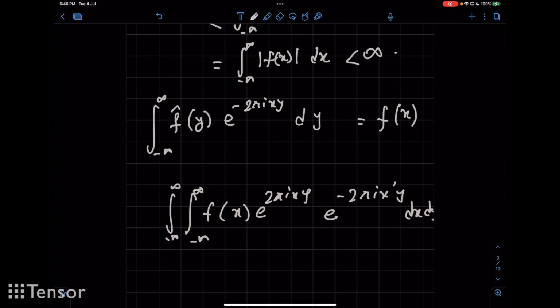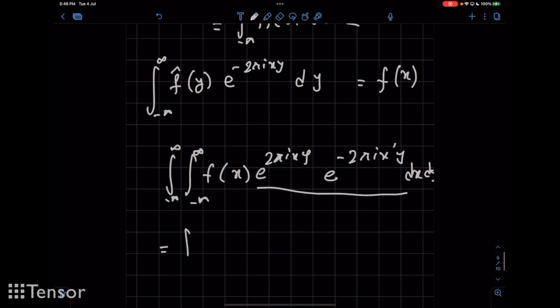Okay, so if we first evaluate the y integral, then we get this f of x delta of x minus x prime.